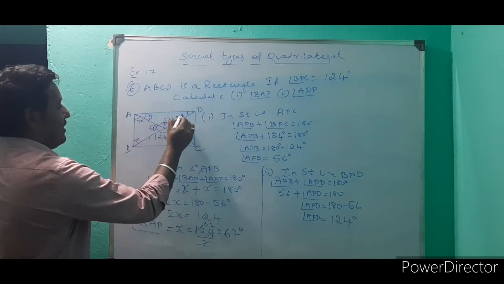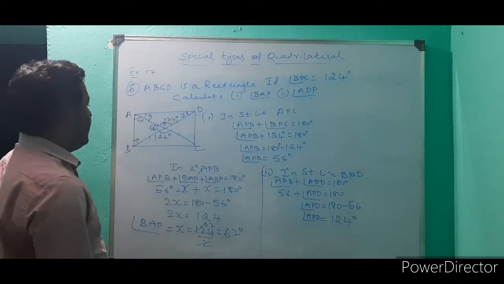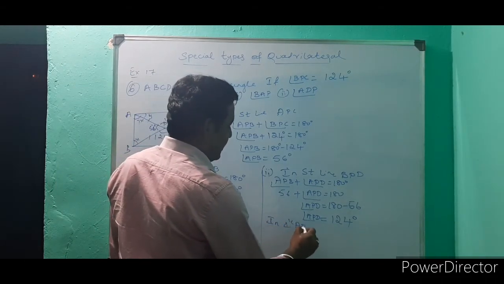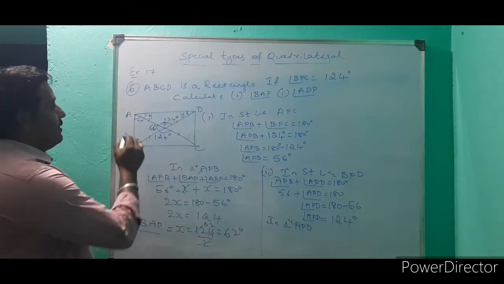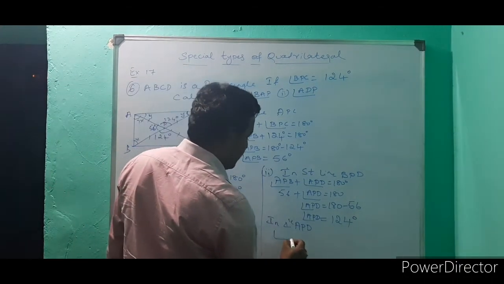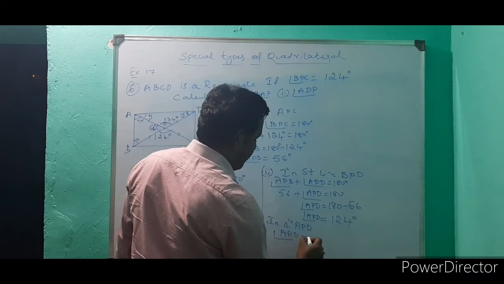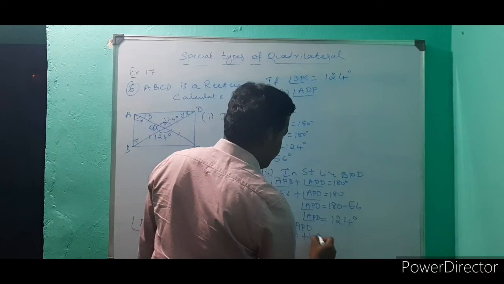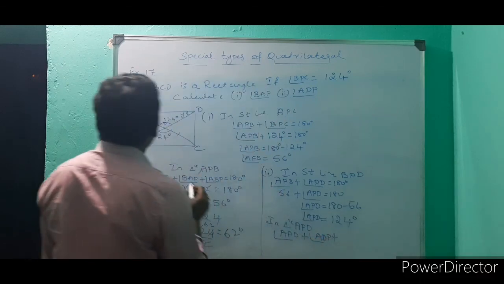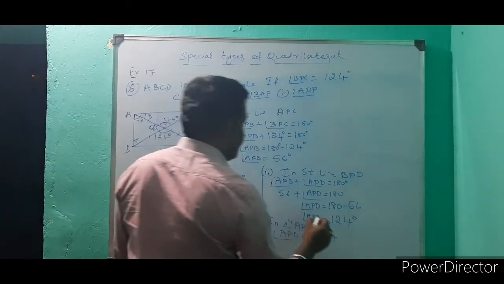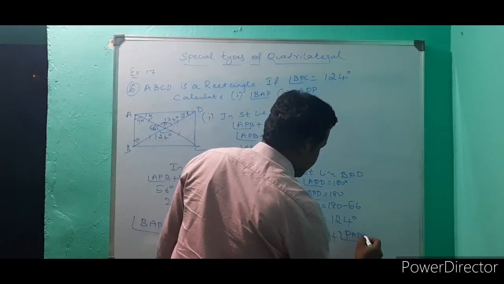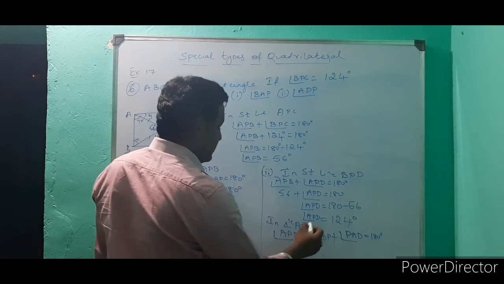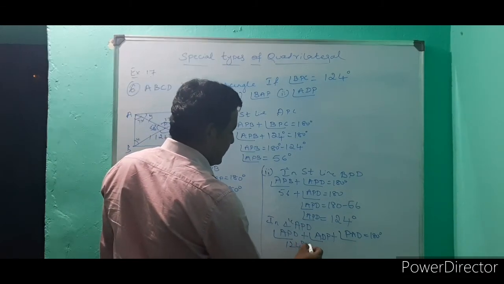If this is 124 degree, these two angles are equal. If you consider this is y, then this is also y. In triangle APD, add all the angles: APD plus ADP plus PAD is 180 degree. APD value we know, that is 124 degree.